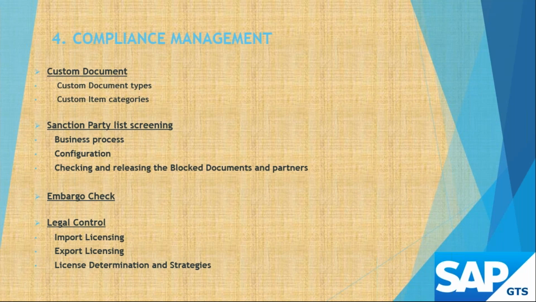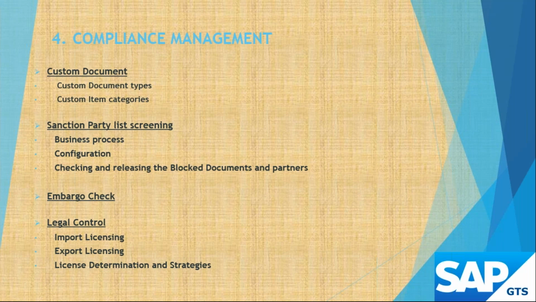So are we saying that even the delivery documents come and make contact with the GTS server here, or is it only the orders which come in contact with the GTS system?